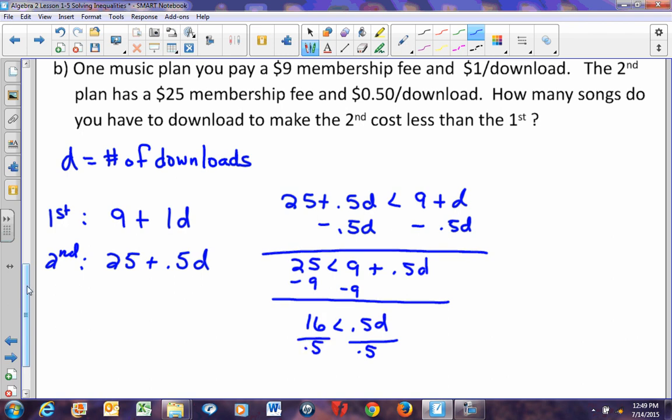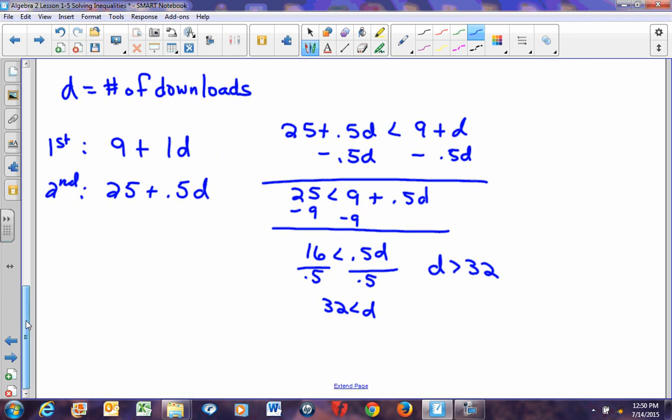Okay. So 16 divided by 0.5 is 32. So we have 32 is less than b, or b is greater than 32. So to make the second plan cost less than the first plan, you have to download 32 songs per month. It's a lot of downloaded songs. Right? I'm on the internet way too much and not doing enough math.